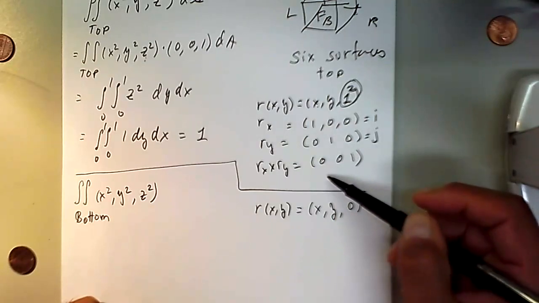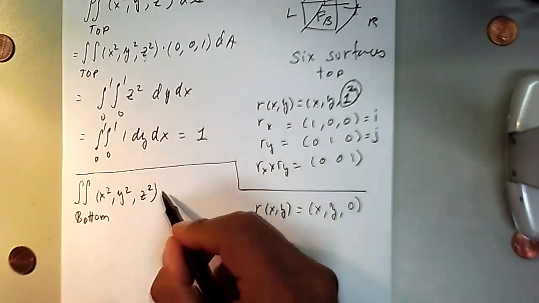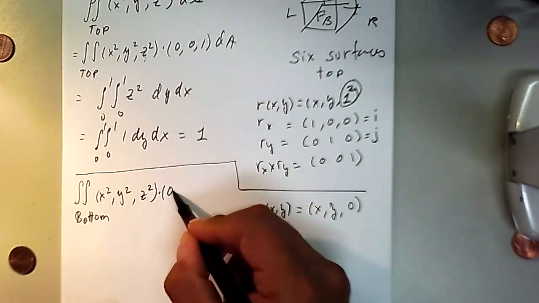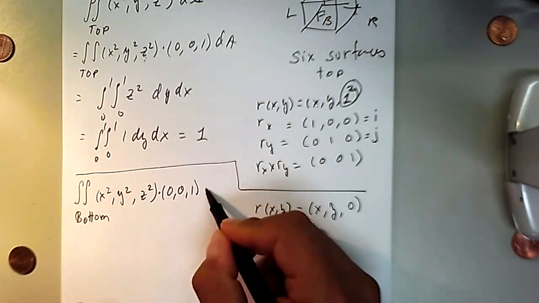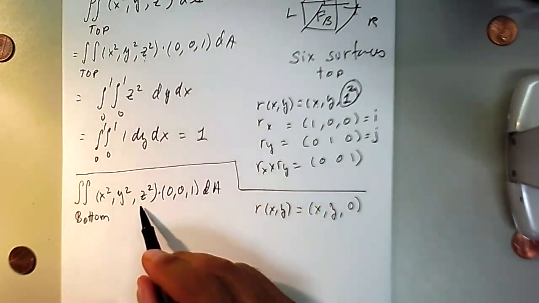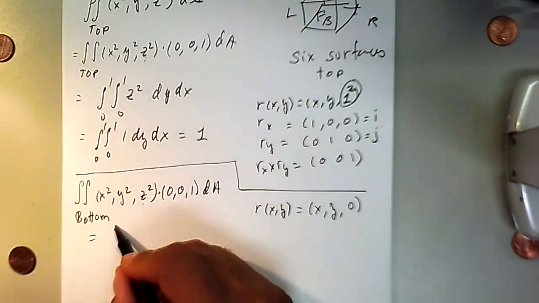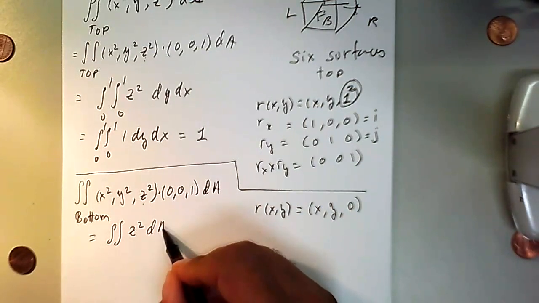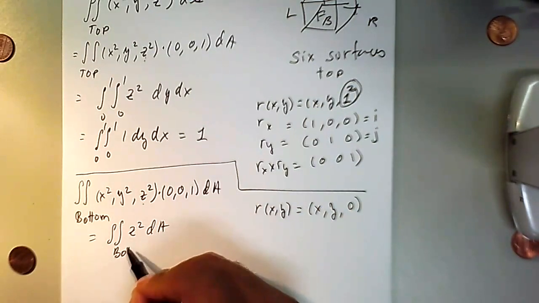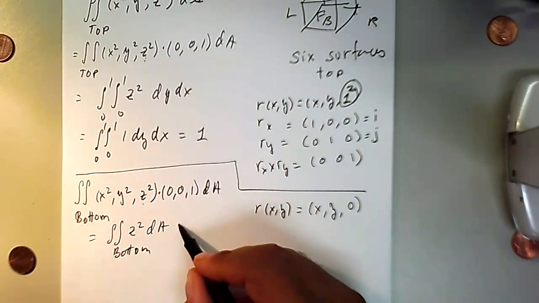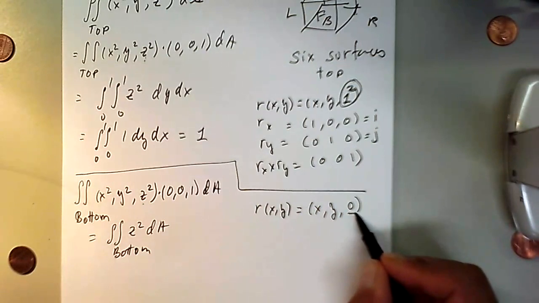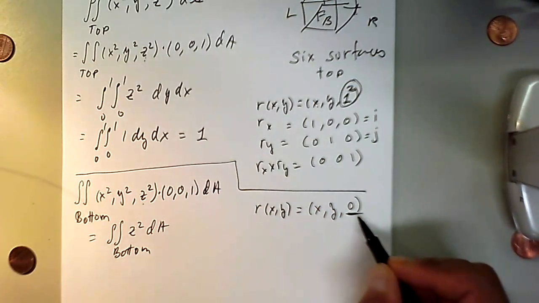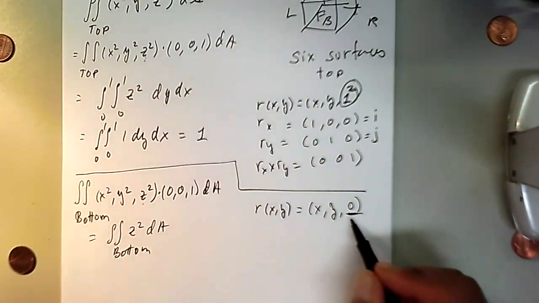So we end up with 0, 0, 1 again, dotted with 0, 0, 1 with respect to the area. So we end up with the double integral of z squared with respect to the area over the bottom. The z in the bottom is 0.